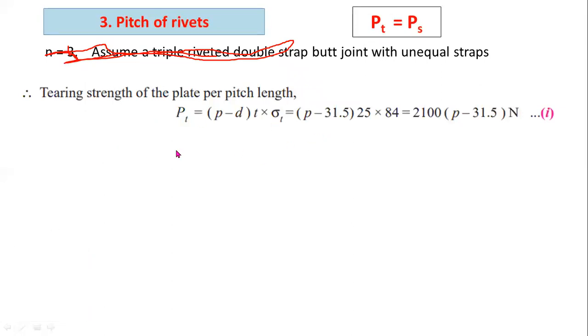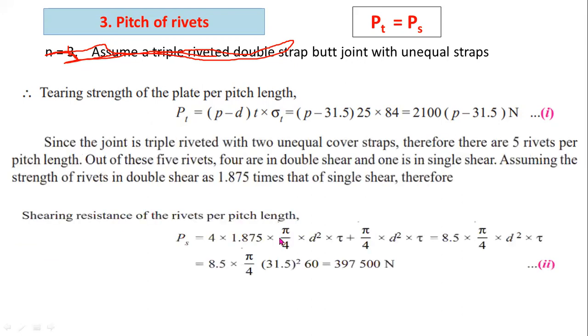Now, PT is the tearing strength. This is the formula for tearing strength. Now, for boiler joints, you have to consider double shear. For this type of design, I consider 4 rivets inside, 1 rivet outside. So, total number of rivets N equal to 5.